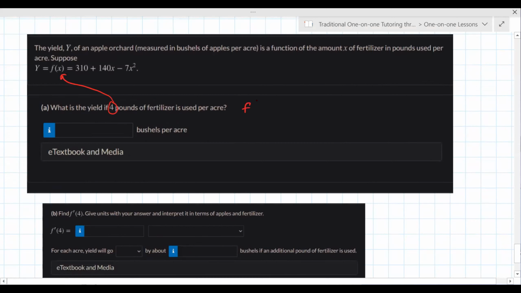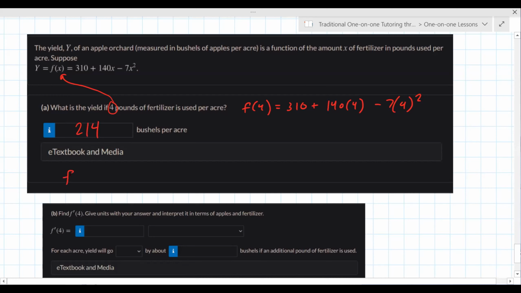F of 4 is 310 plus 140 times 4 minus 7 times 4 squared. So I get 214 for that.